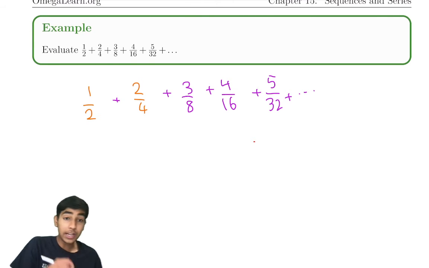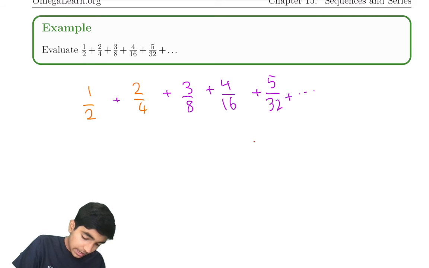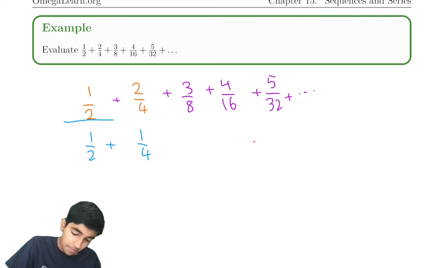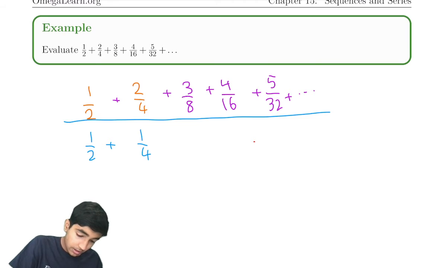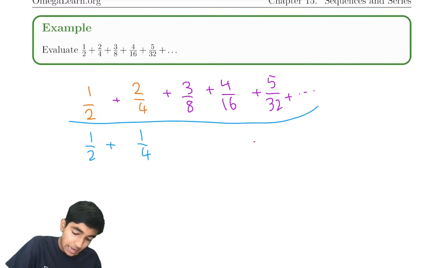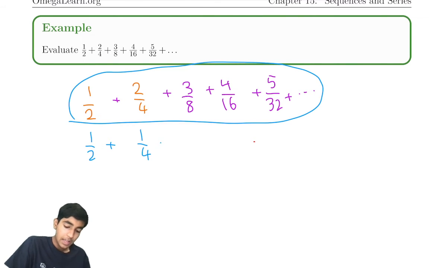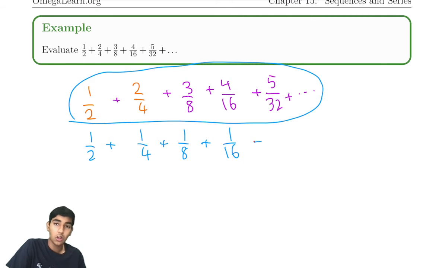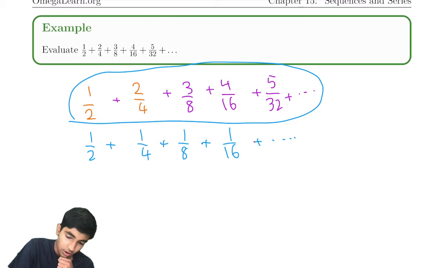So let's break this down. Let's try to make that top sequence over there. Let's try and make this top sequence by using other sequences. 1/2 plus 1/4 plus 1/8 plus 1/16 plus so on. That's one sequence. Okay, but look here.